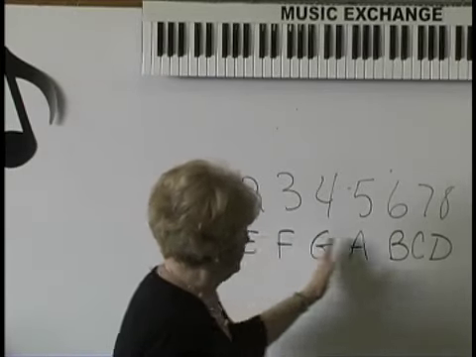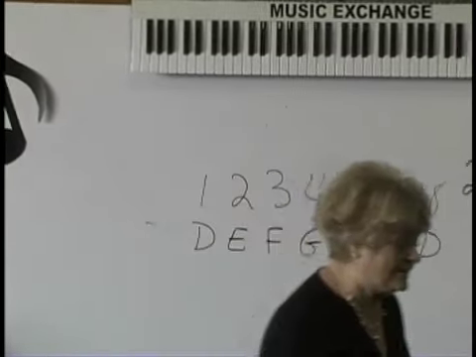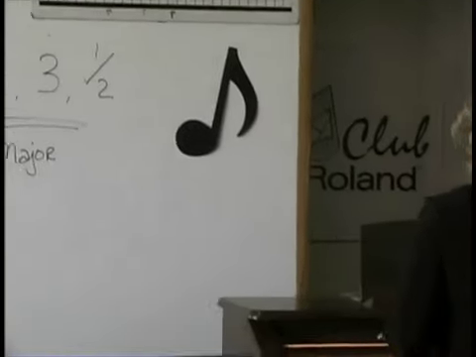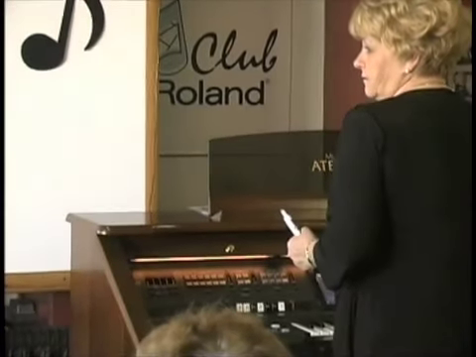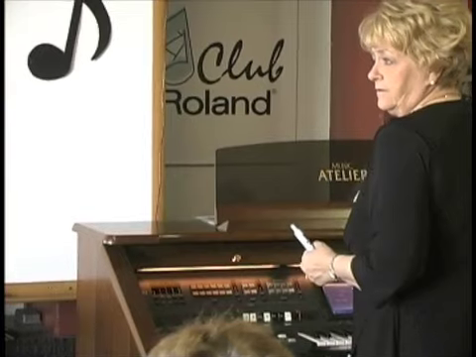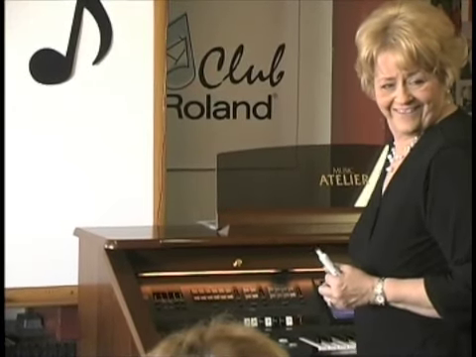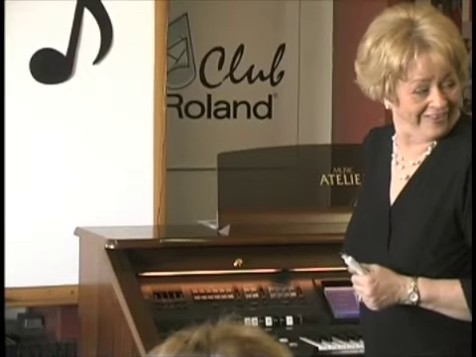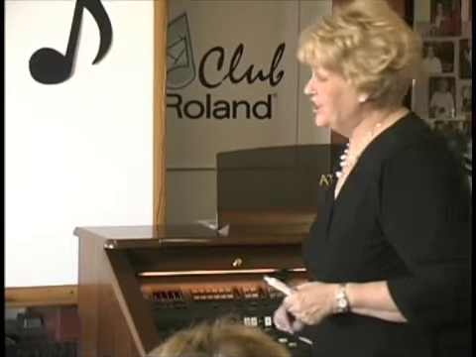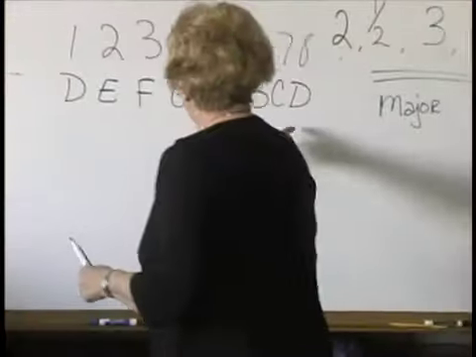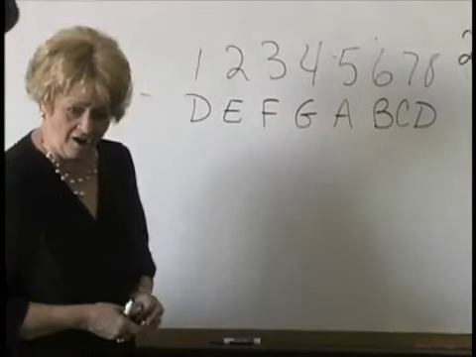Now, I have the letters correct, but let's see how it sounds. Oops. It's sounding kind of minor, like it's not right. So we're going to check it with our pattern now and see what's wrong.